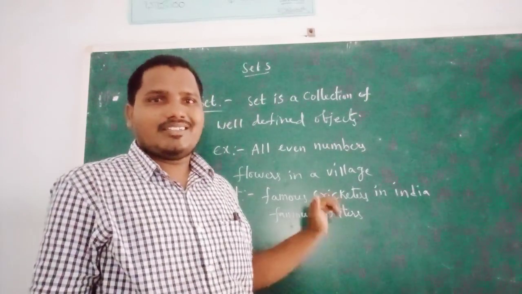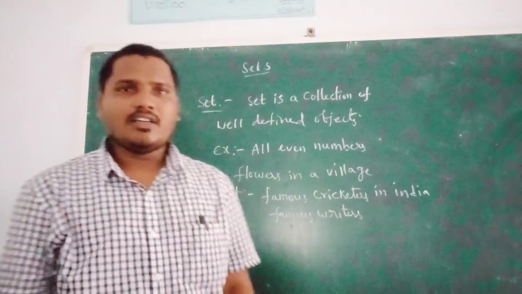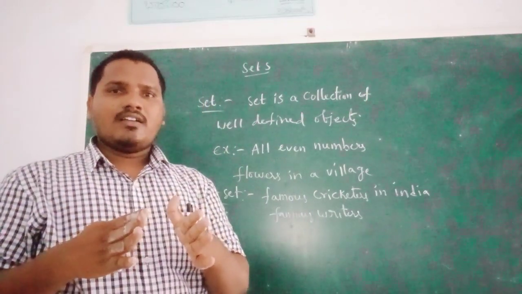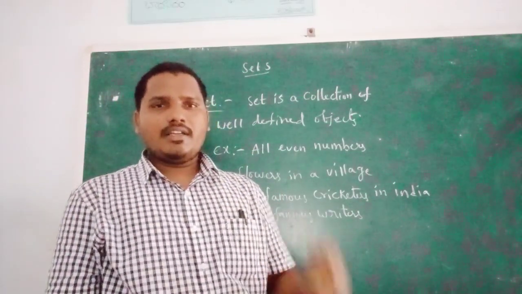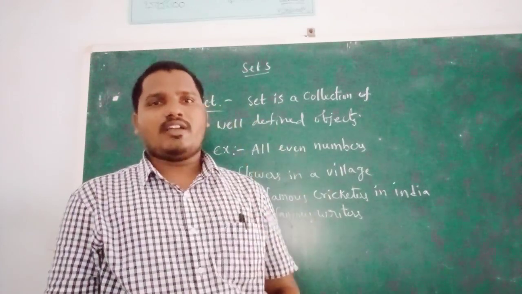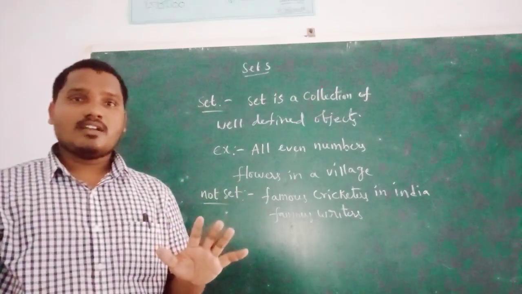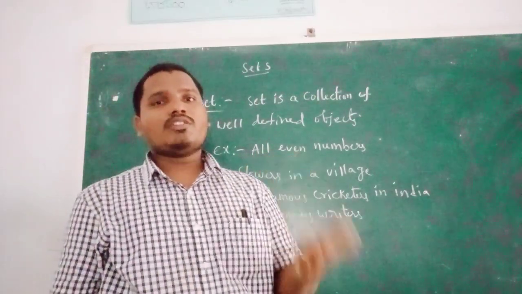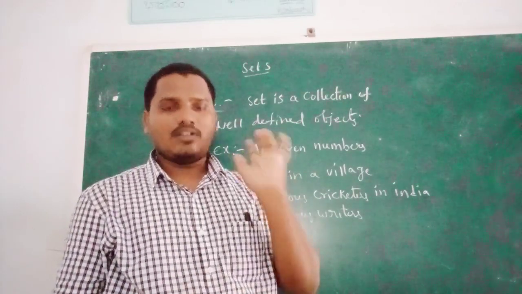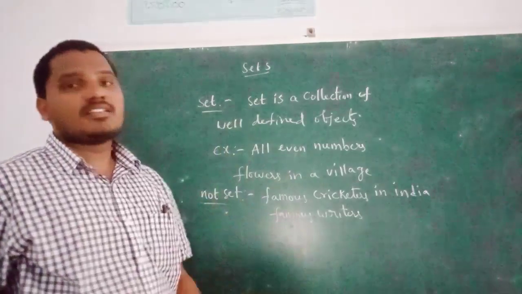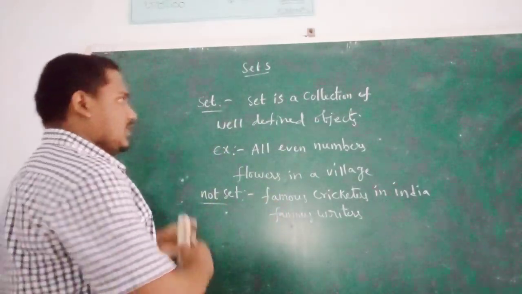That's why this is not a well-defined object. Well-defined means it is defined in only one way. If it is defined in more than one way, then it is not well-defined. So a set is a collection of well-defined objects.